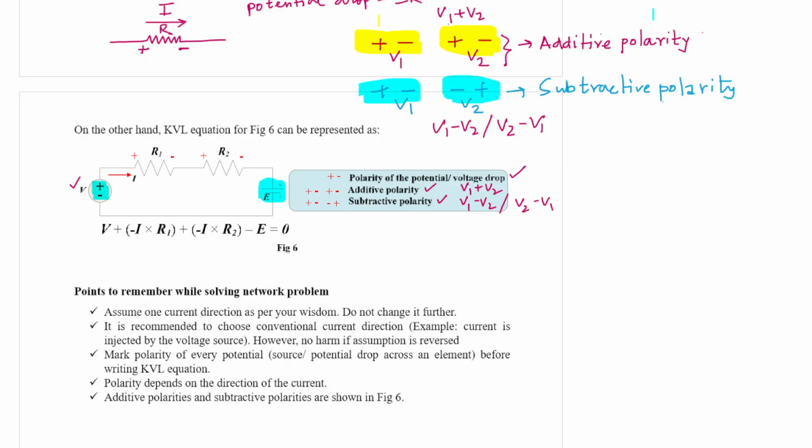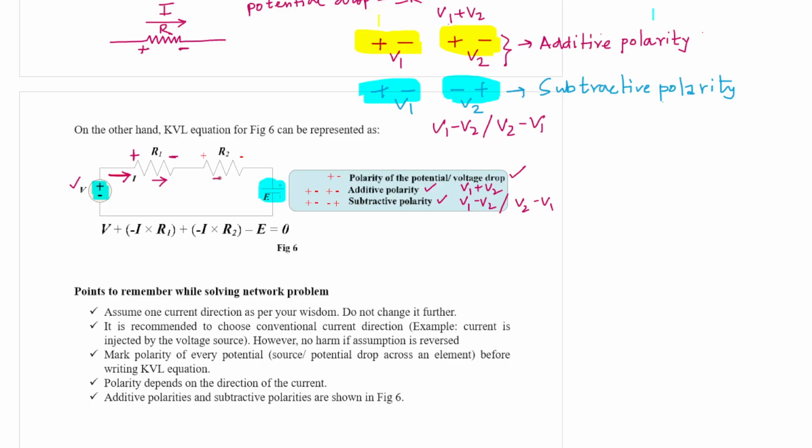Now we have assumed a current direction. The current flows through R1 in this direction, so the left hand side of R1 should be plus and the right hand side of R1 should be minus.